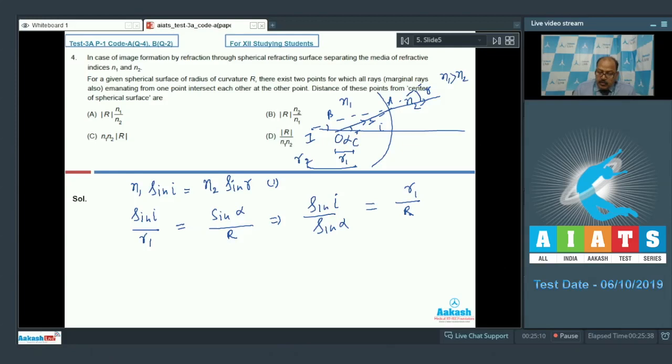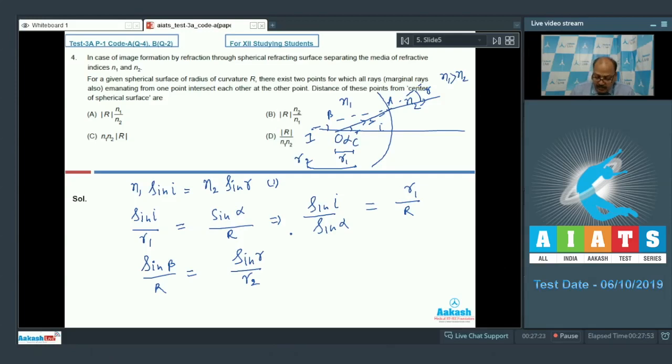Okay, let's also apply the sine rule. We are applying sine law in the triangle IAC. In triangle IAC, sine beta upon r equals sine r upon r2, right?